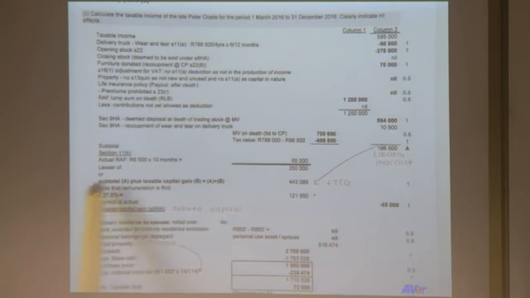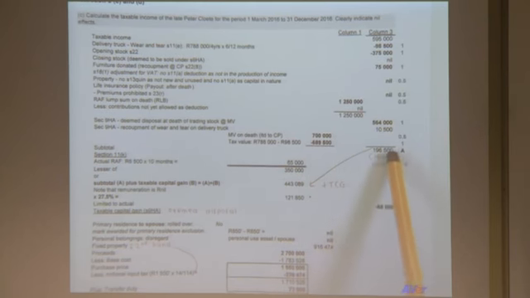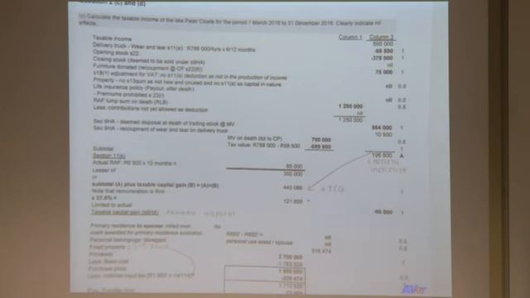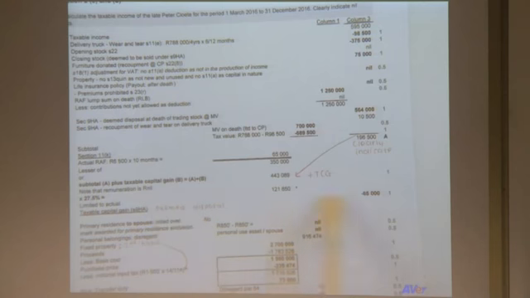And then you limit it to the lesser of subtotal A, which is your taxable income. So make sure that you show the marker, I got this amount, my taxable income plus my taxable capital gain. It's firstly this subtotal, and then I went and added my taxable capital gain, which was my total taxable capital gain.